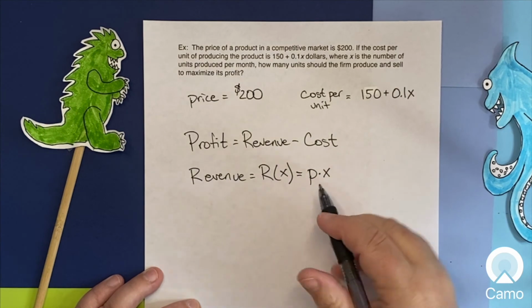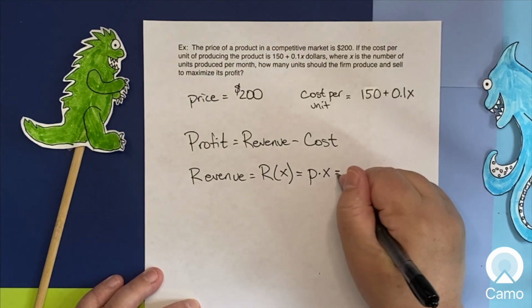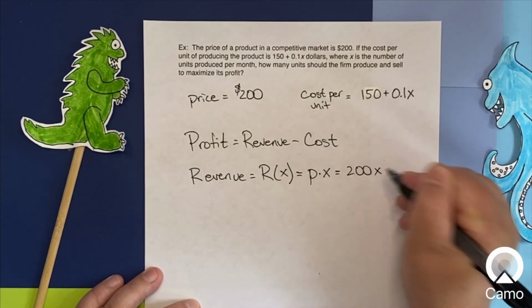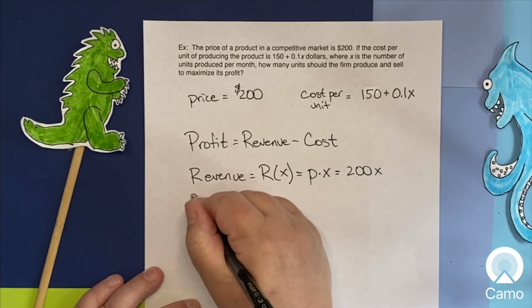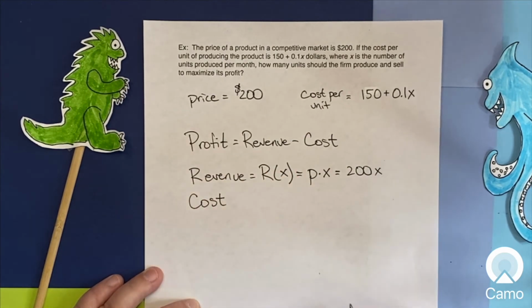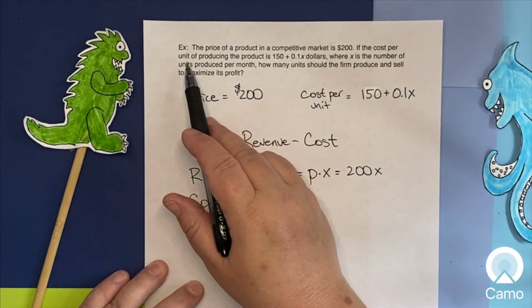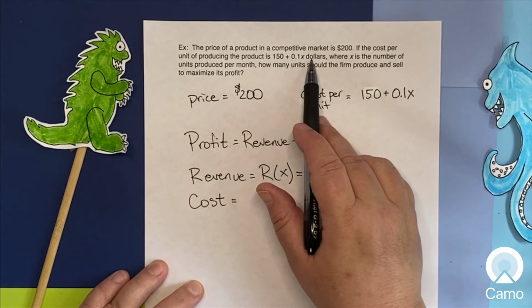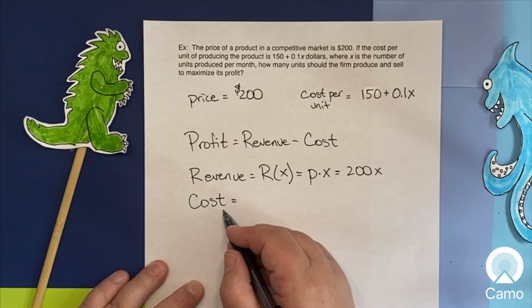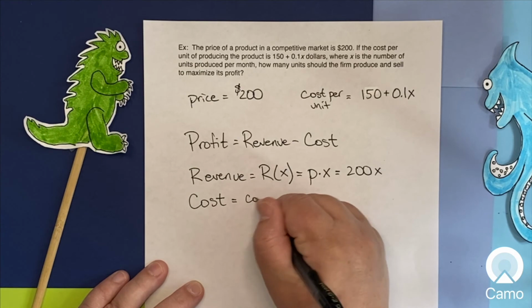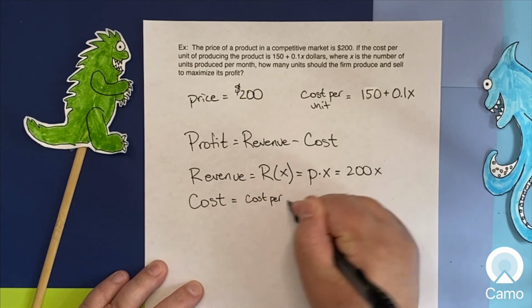equals... Now, this is different. If the cost per unit is this, then the total cost will be the cost per unit times the number of units, right? There's a slightly different way. I know back in the beginning we did fixed costs and variable costs.